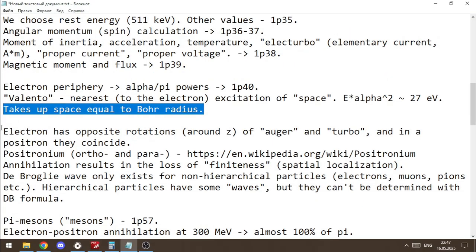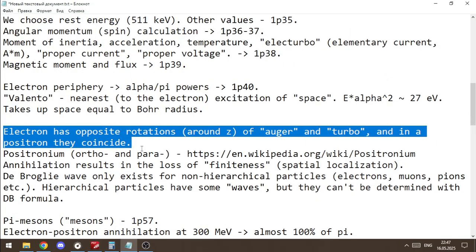Some other points he considers: the electron has opposite rotations around the z-axis of these sub-oscillations of the electron, transverse and longitudinal. And in the positron, they coincide. So that's how you get the opposite electric charge. By the way, in Burtaev's approach, there is no such thing as charge density.